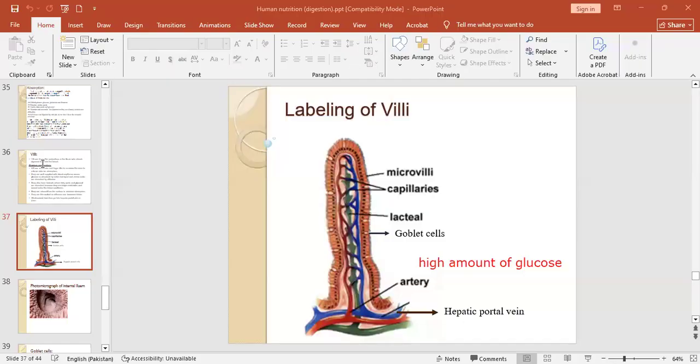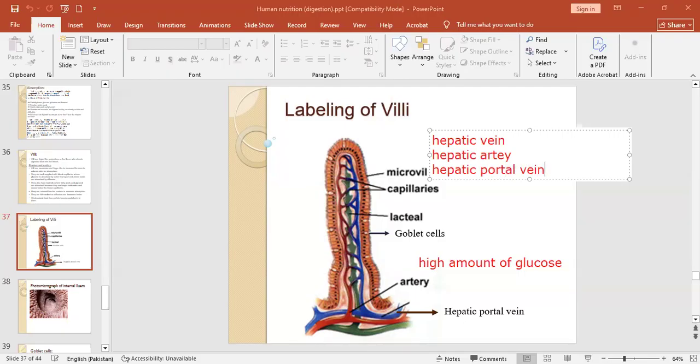So the question may come that you have three types of vessels. You have hepatic vein, or you have hepatic artery. You know, the hepatic artery is the one which carries oxygenated blood, and you have one more, hepatic portal vein.